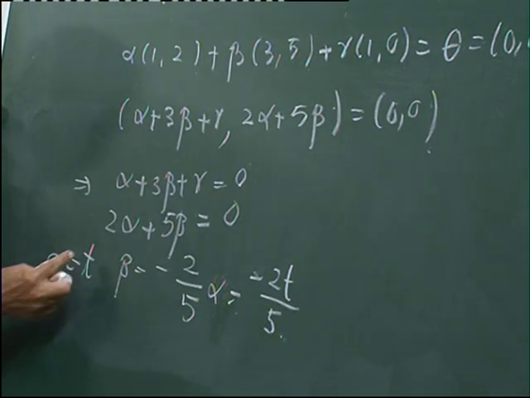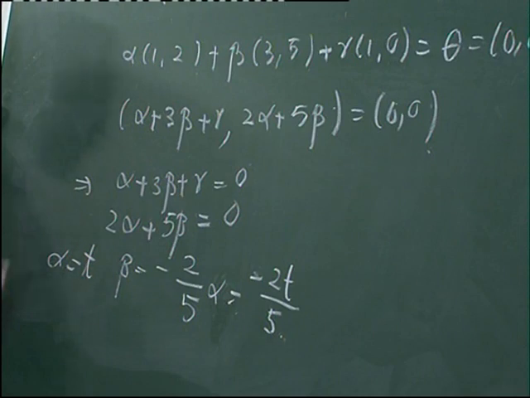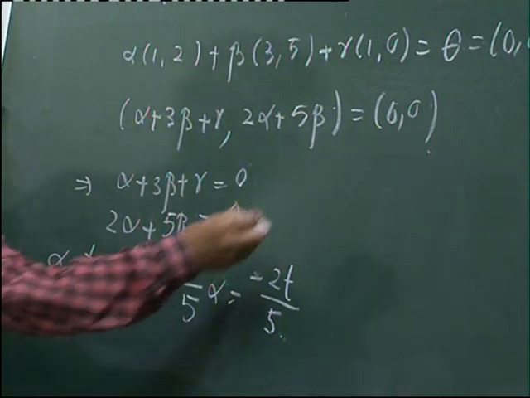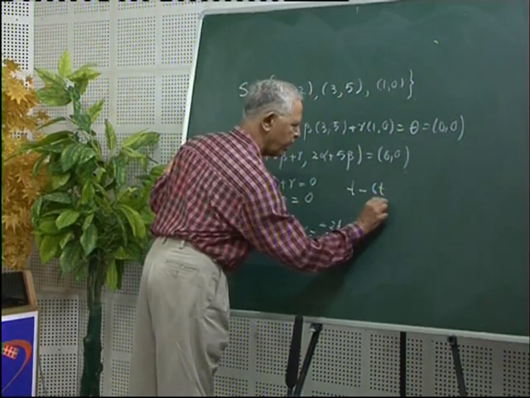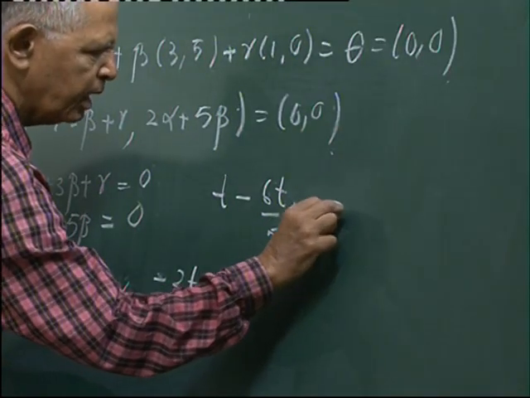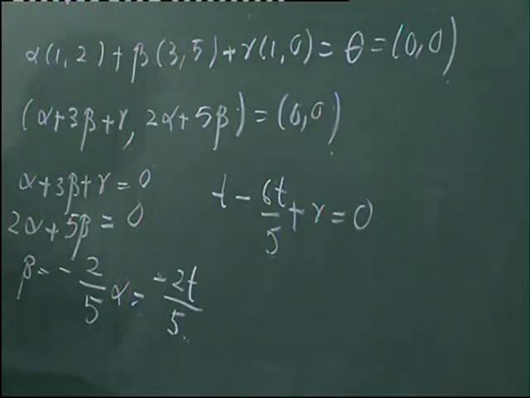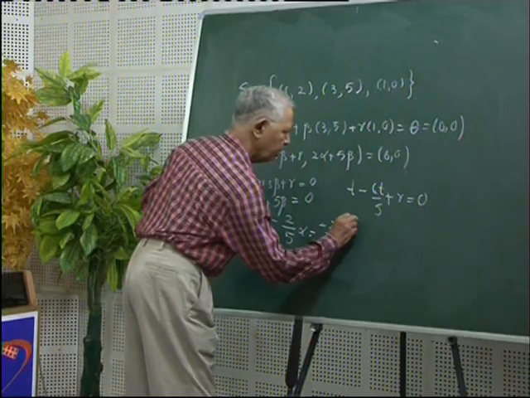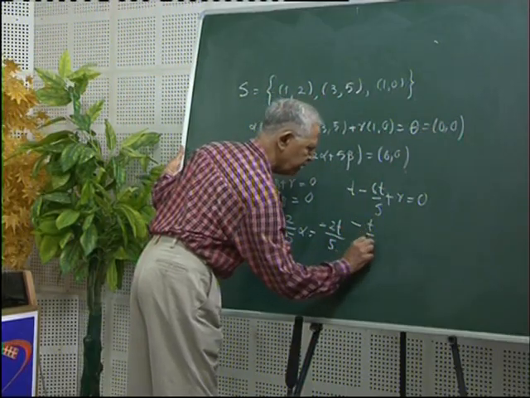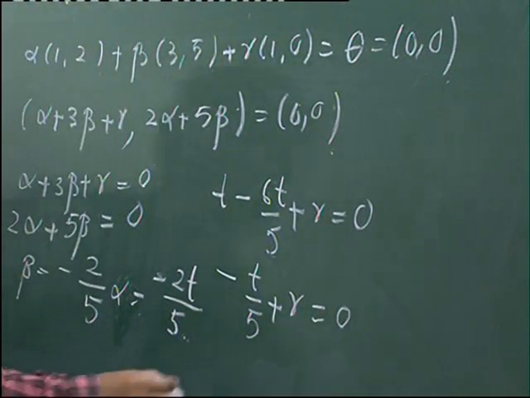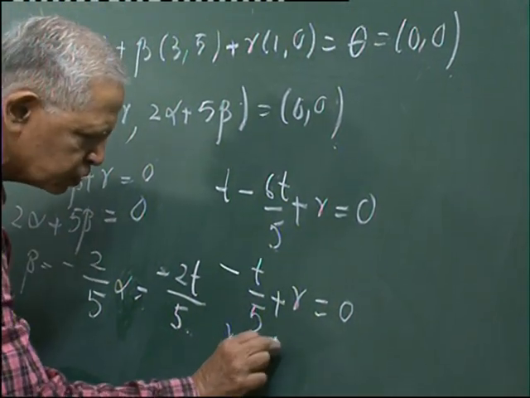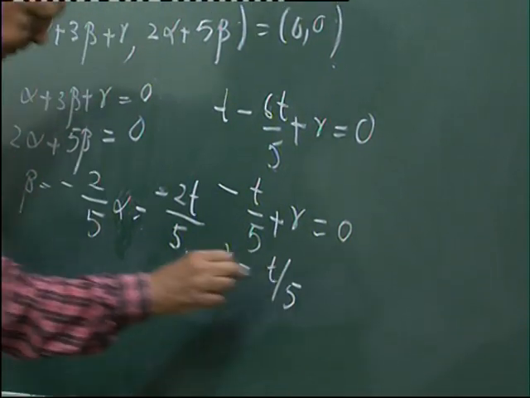Putting these values of alpha and beta in the first equation, we get t minus 6t upon 5 plus gamma is equal to 0, and that implies minus t upon 5 plus gamma is equal to 0, or gamma is equal to t upon 5.